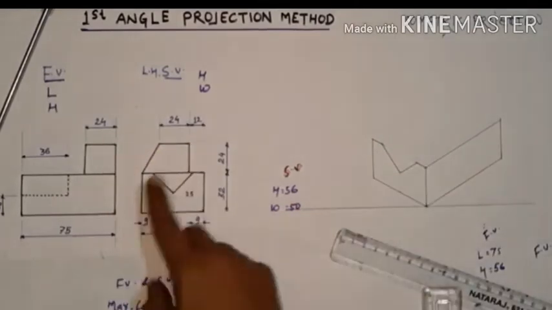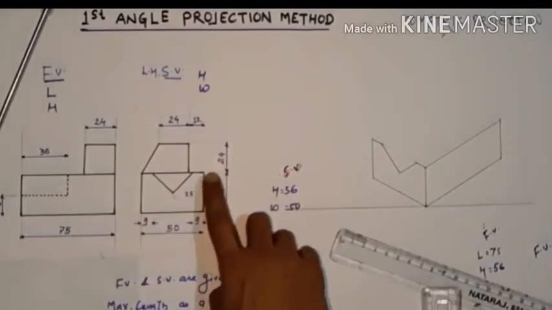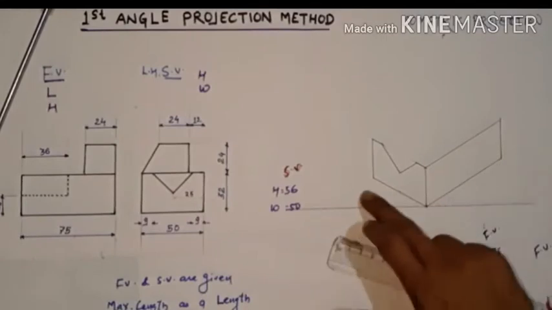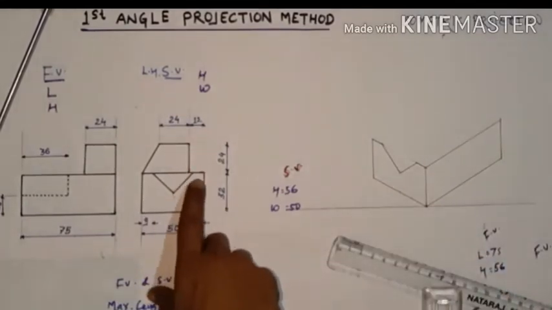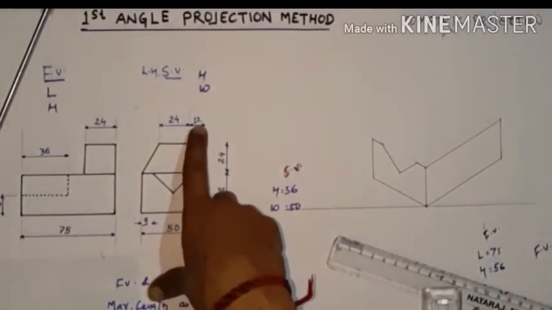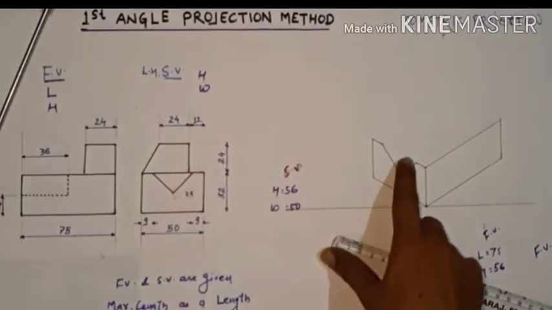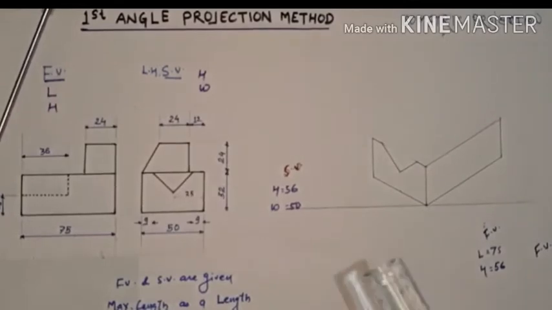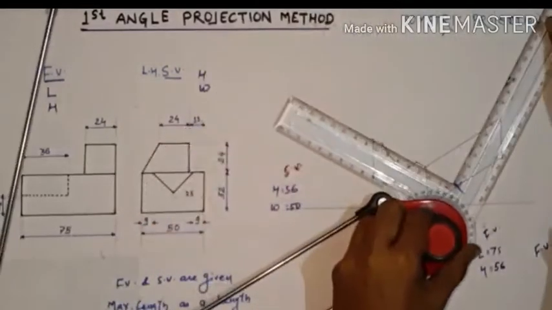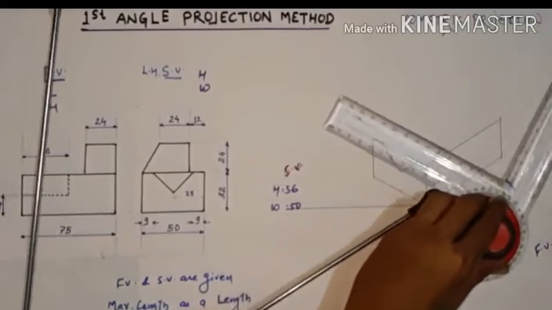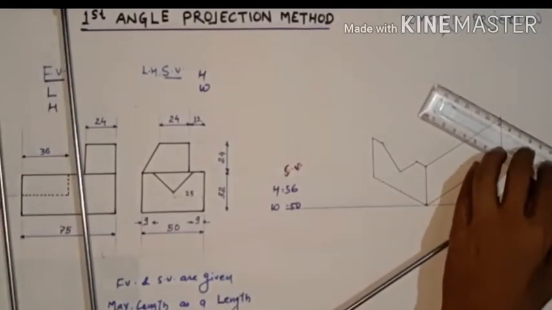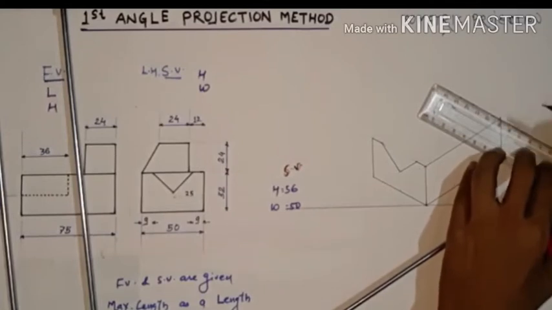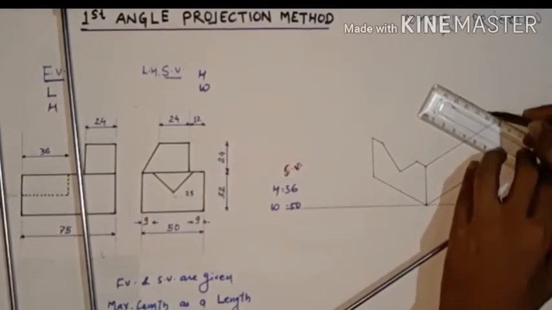Now again we need to draw the height portion, the remaining height. So this is your 24 mm. But when we see this object from the side view, the height starts 12 mm left. So from here we just select 12 mm. Now either you can say just here, putting the MD parallel to it like this, and take it away like this, and we just select a 12 mm line like this.